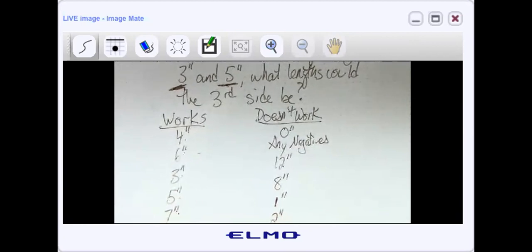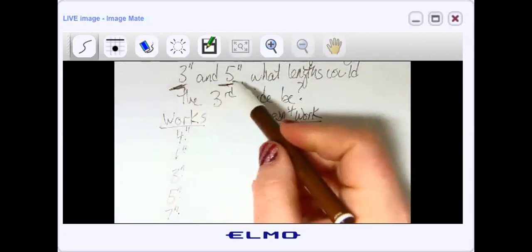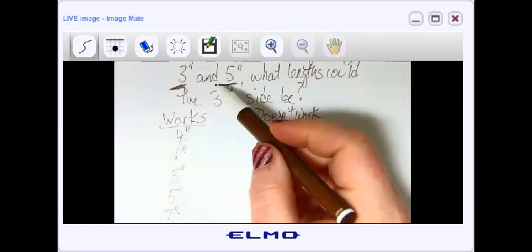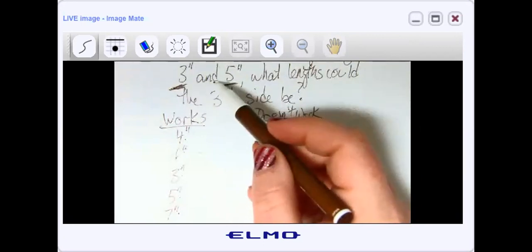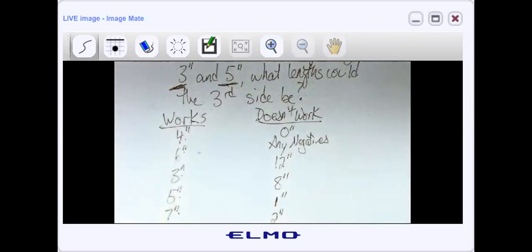So on one end, you have to have a number that's less than the sum of these two, but you can't go too small. And the way that you know you're going too small is if you take these two numbers and their difference. So the difference between 3 and 5 is 2. So I have to have something bigger than their difference.